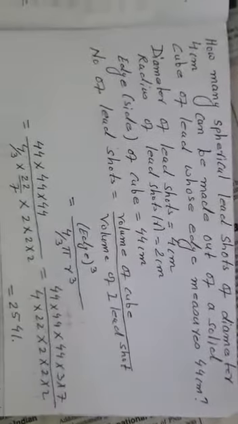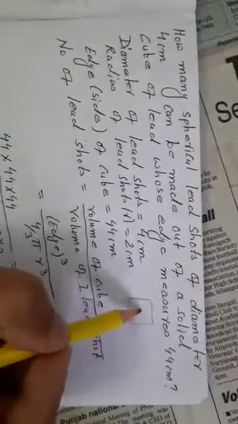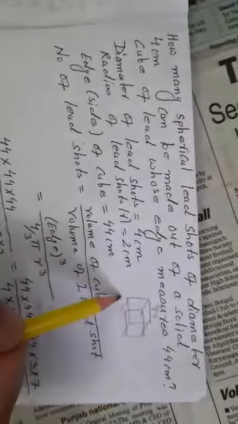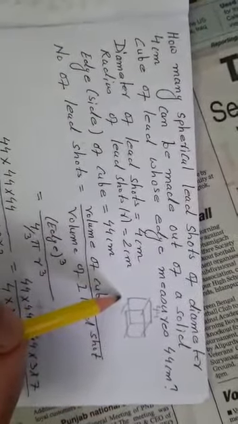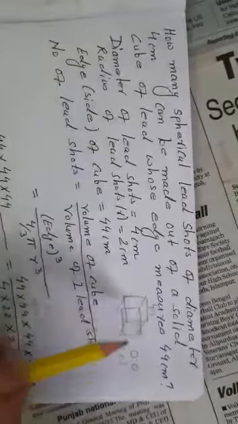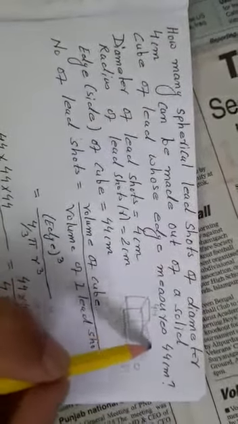There is a cube of lead whose edge is 44 centimeter. Edge means size. So this is very big. Now you are going to form lead shots, which will be sphere shaped. If you melt this and form lead shots, how many lead shots will you form?